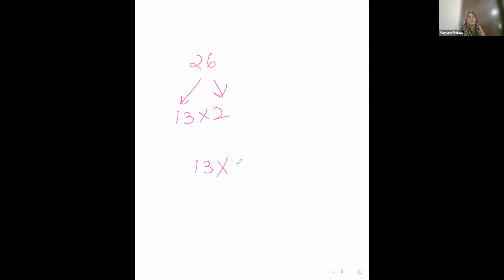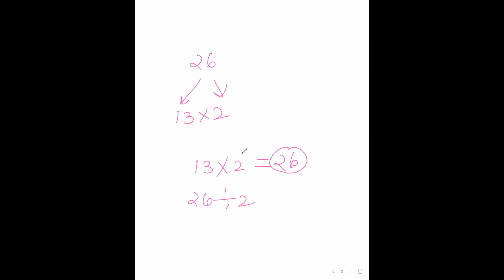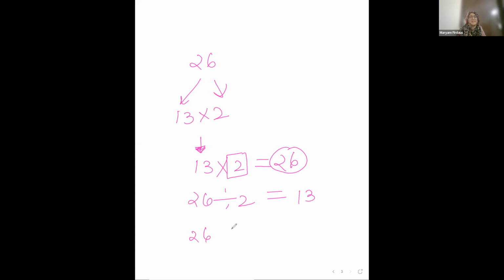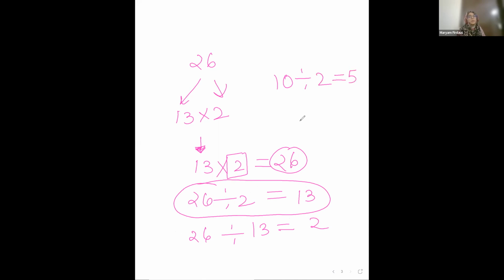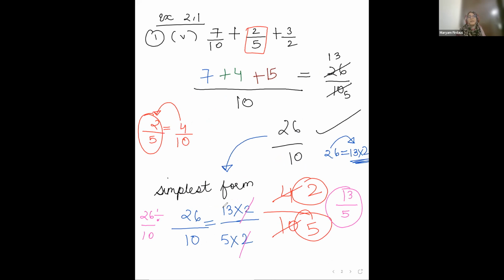So when you reverse the order, 26 divided by 2 gives you the number left out, which is 13. Or 26 divided by 13 gives you the other number left out, which is 2. So that is what your teacher has done, 26 divided by 2 and 10 divided by 2, because 2 is a common factor for both of them.